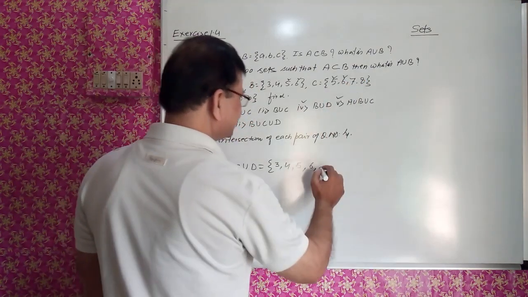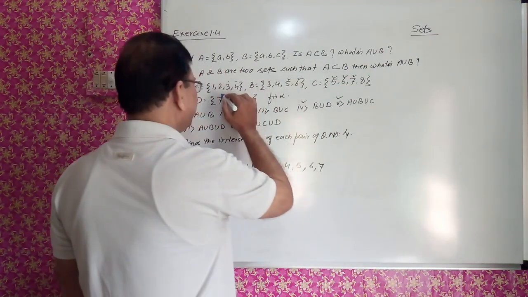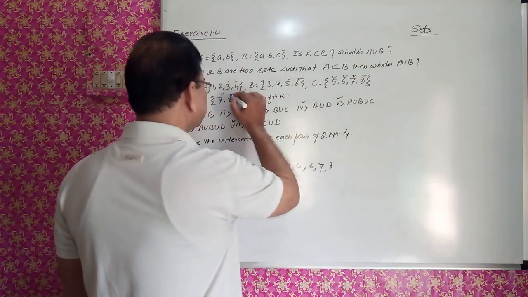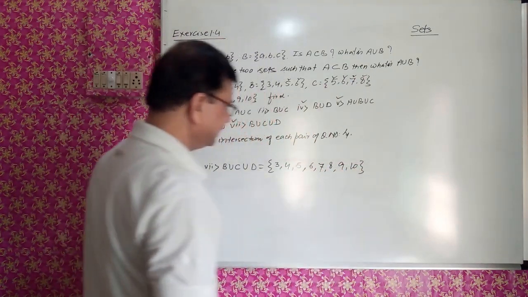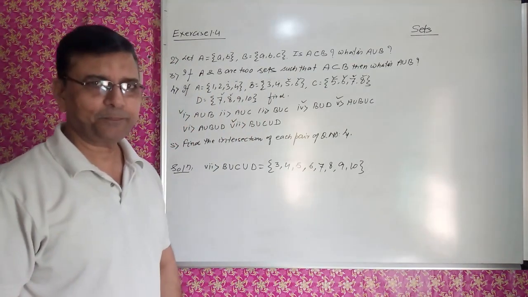Then the remaining element 7 is here, 7 is here also, right? 8 at both the places, 9 and 10. So these are the elements of B union C union D.